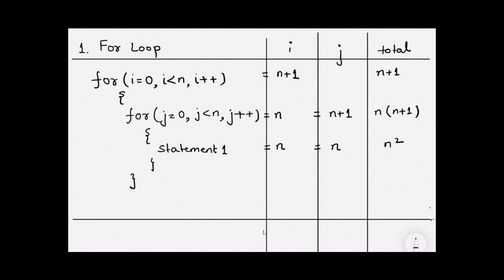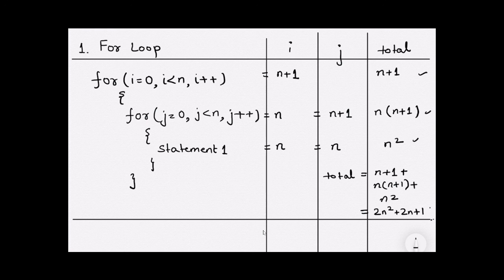Now, the total time taken by the whole program to run is the summation of all the individual times, which will be n plus 1 plus n into n plus 1 plus n square, which is equal to 2n square plus 2n plus 1.